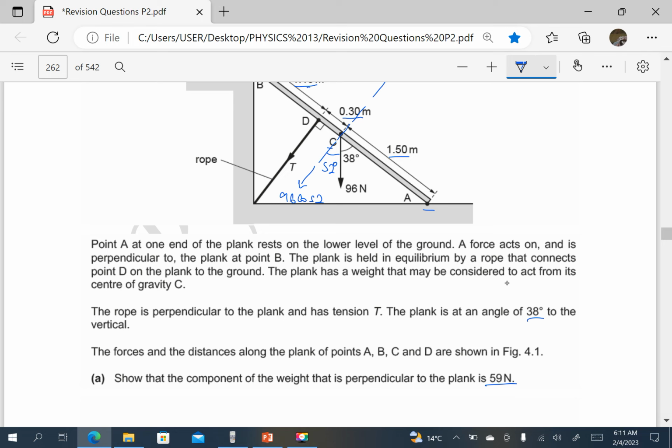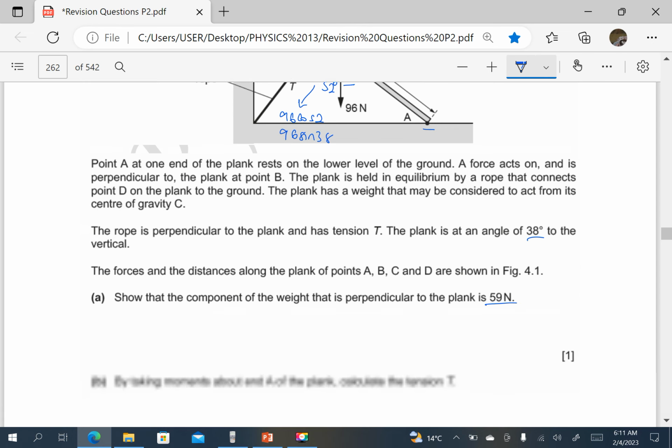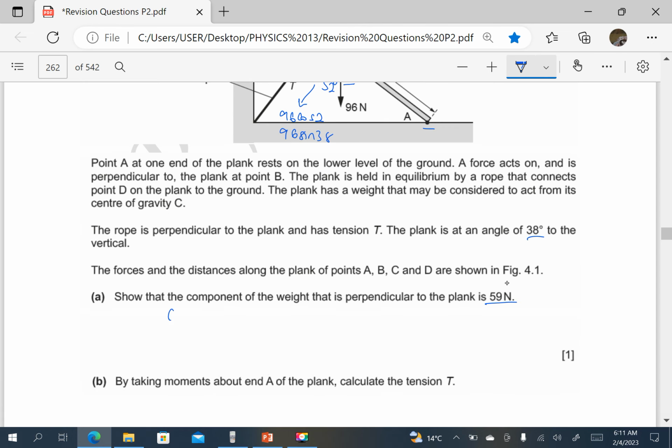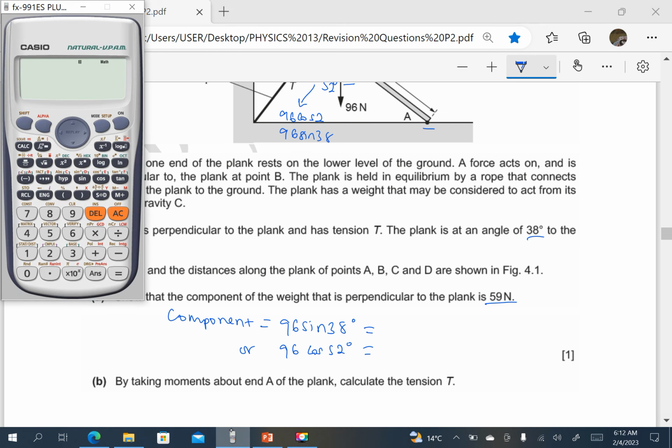When I use 38 degrees, the same component will be 96 sine of 38. So the component they want is going to be equal to 96 sine 38 degrees or 96 cos 52 degrees.